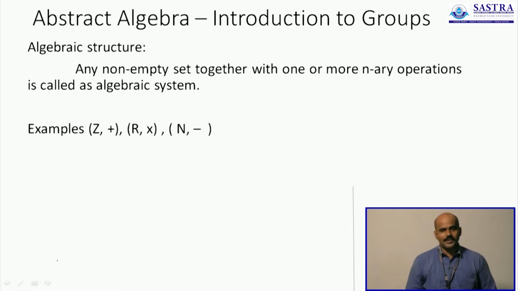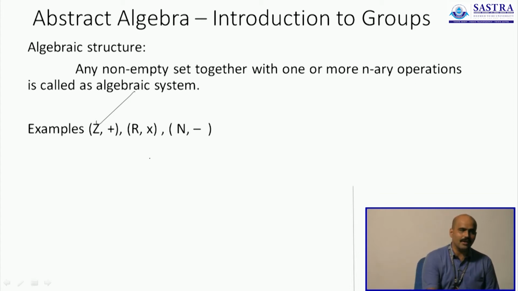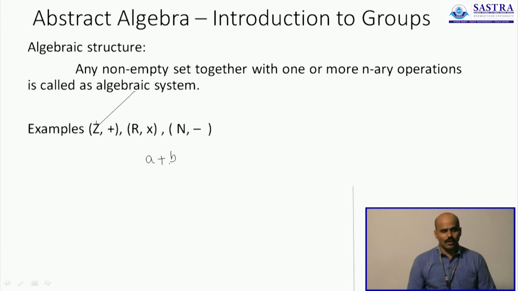So a non-empty set together with such an operation is what we call an algebraic system. Examples of algebraic systems can be given as the set of all integers Z along with the operation of addition. Now addition is binary, addition needs 2 operands to be executed. Or the set of all real numbers R with multiplication.